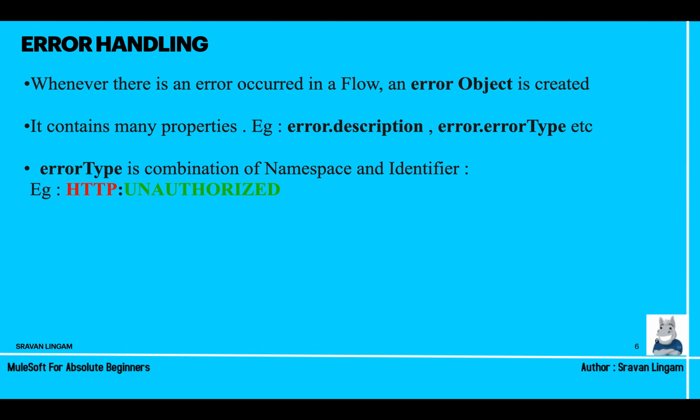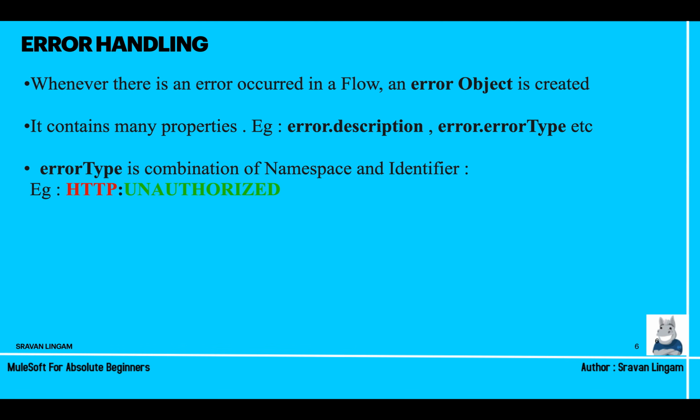Error type is a combination of a namespace and an identifier. For example, if you have an authentication error, it will give HTTP:UNAUTHORIZED.